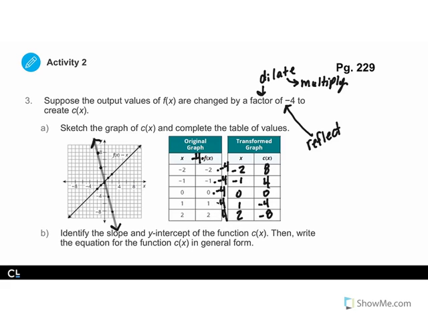We can do this from our table as well as from our graph. So we're going to do both of those. So our rise here is adding 4 each time. Please write this in your book. Not adding 4, subtracting 4.